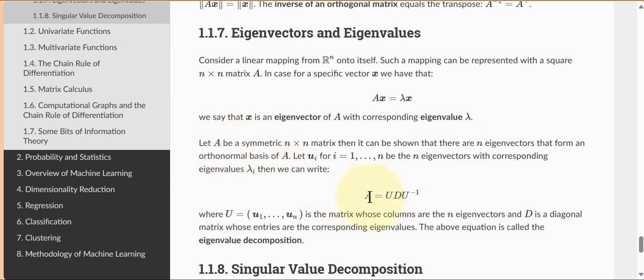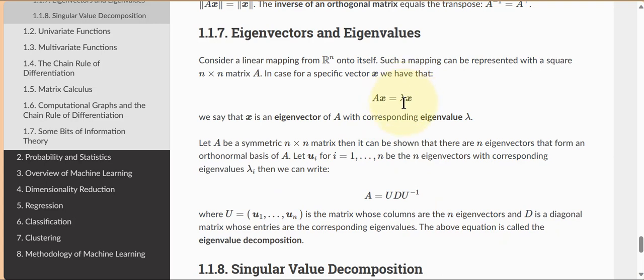Okay, so it turns out that A then can be written as U times D. Okay, I forgot to say what D is. We said that there are all these eigenvalues.